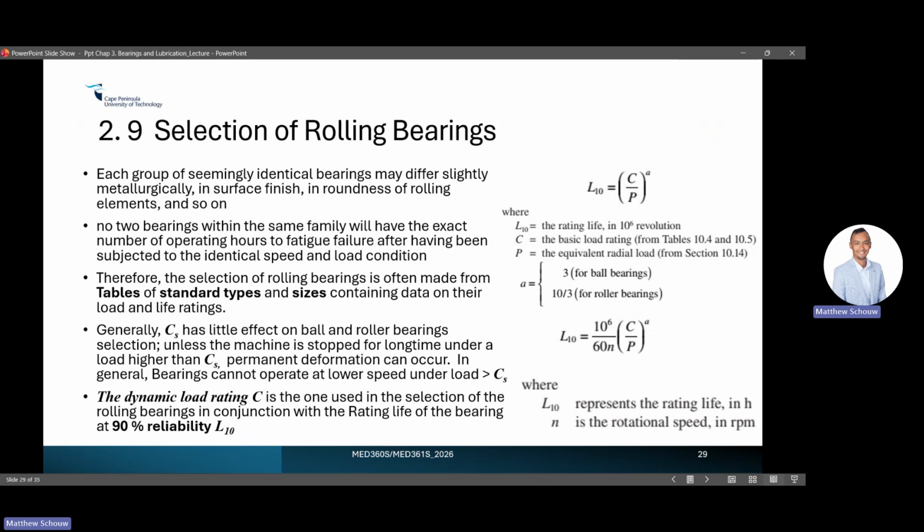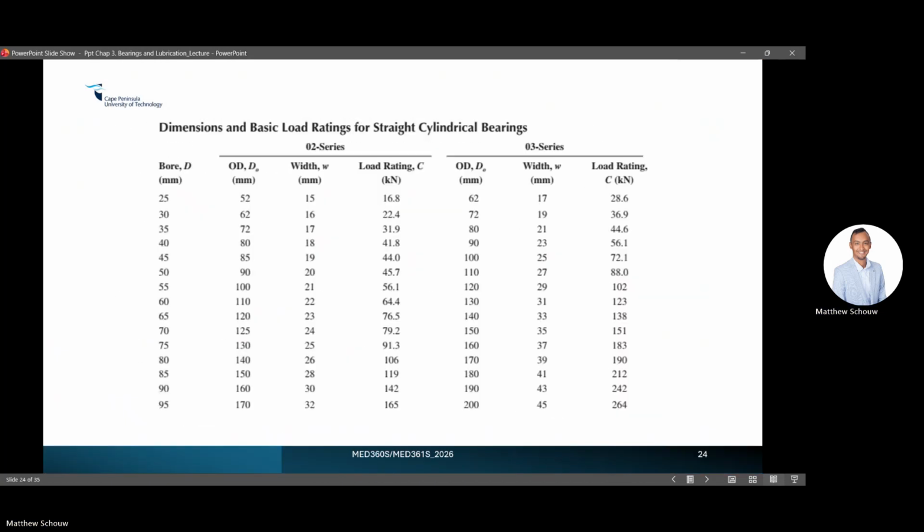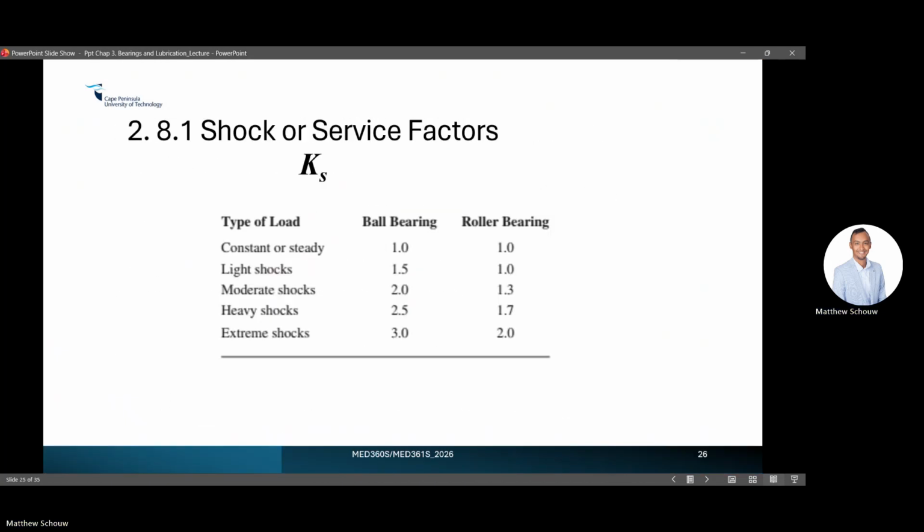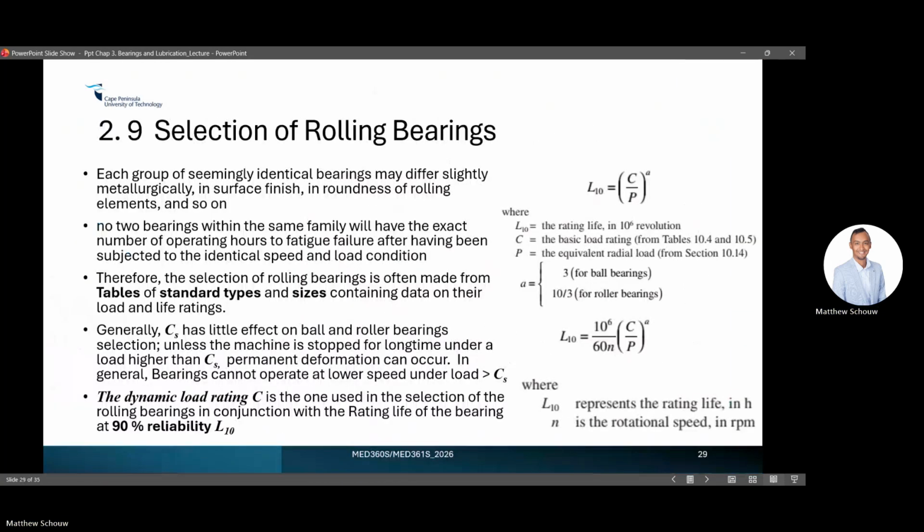So what's key here is your basic load rating from those tables as mentioned, 10.4, 10.5. You've got your equivalent dynamic load, which you have to compute using that formula over there. And then you'll notice we have a parameter depending on whether you're going ball or roller.